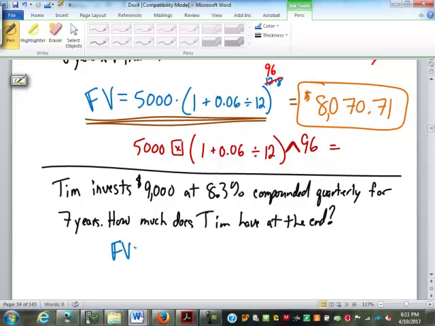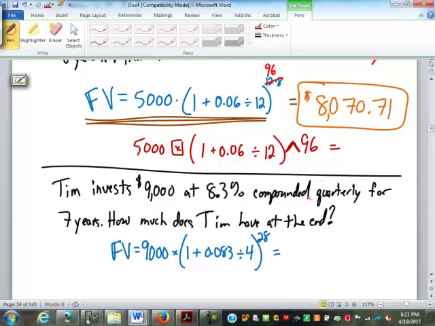So we are looking for a future value. What's our present value? 9,000 times, what's next? 1 plus 0.083 divided by just the number of periods in a year, so just 4, to the power of 28. Where did the 28 come from?